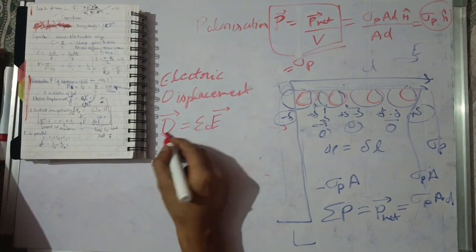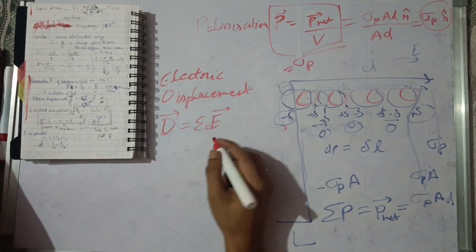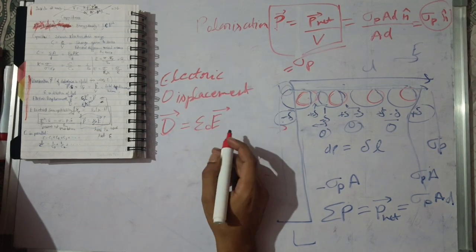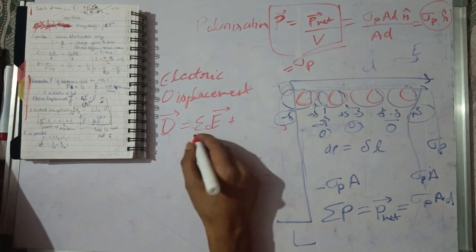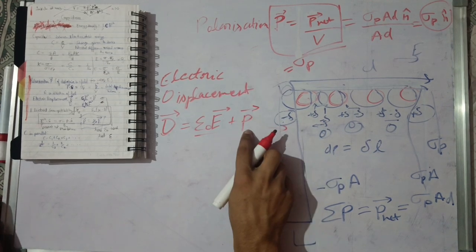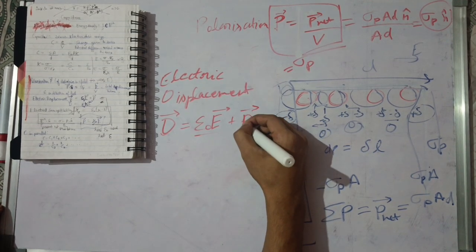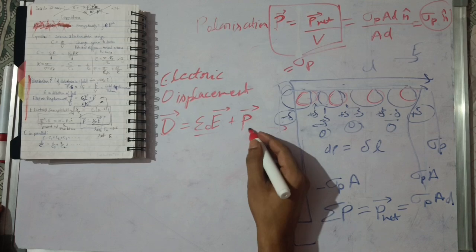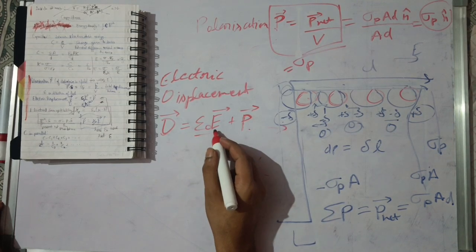So the electric displacement vector is written as this value plus this value. This is the polarization value, and this is epsilon naught into E vector.